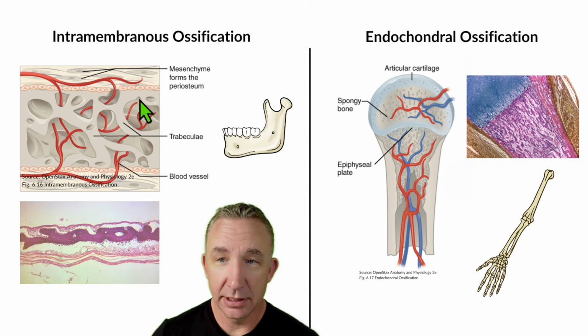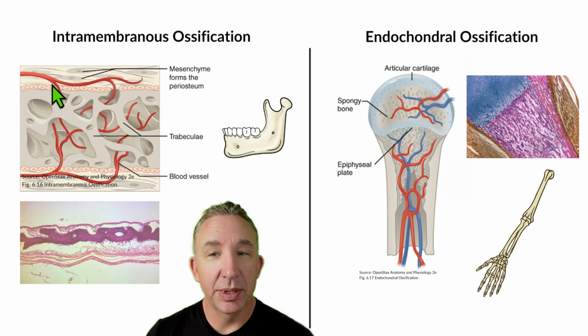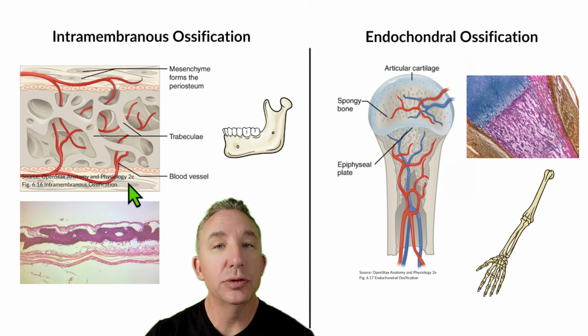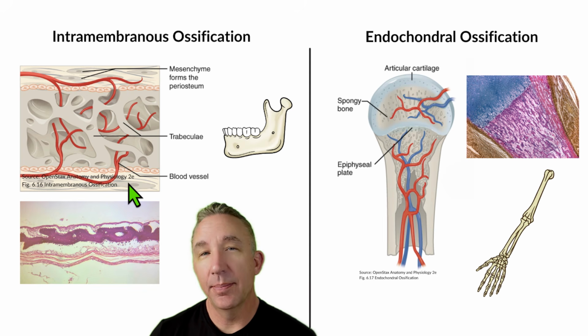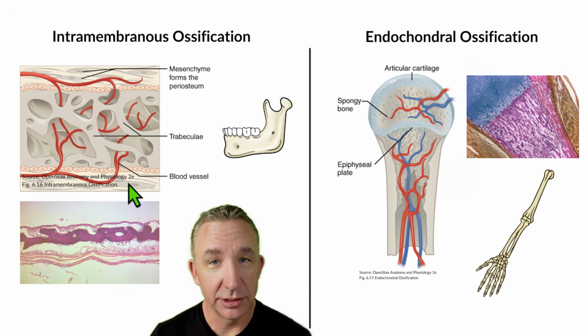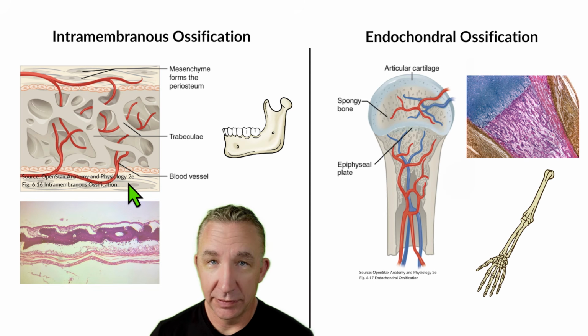So as we look at this, let's talk about intramembranous. The picture here is matching the microscope slide down here, but what we're basically saying is I have a top sheet of mesenchymal tissue and then a bottom sheet. So it's in between two sheets of tissue. Remember, mesenchymal tissue is our stem cells, or embryonic tissue, from which all connective tissue arises.